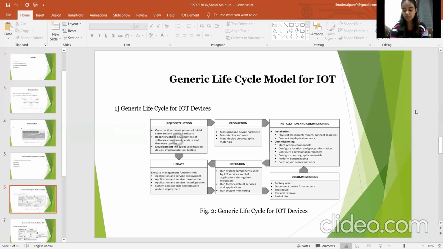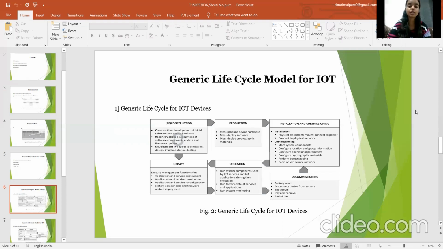The installation and commissioning stage prepares the device for operation and secure communication within the network. During this stage, it plays a role in achieving functional appropriateness and security. The operation stage supports the execution of the IoT service and application by running relevant system components.